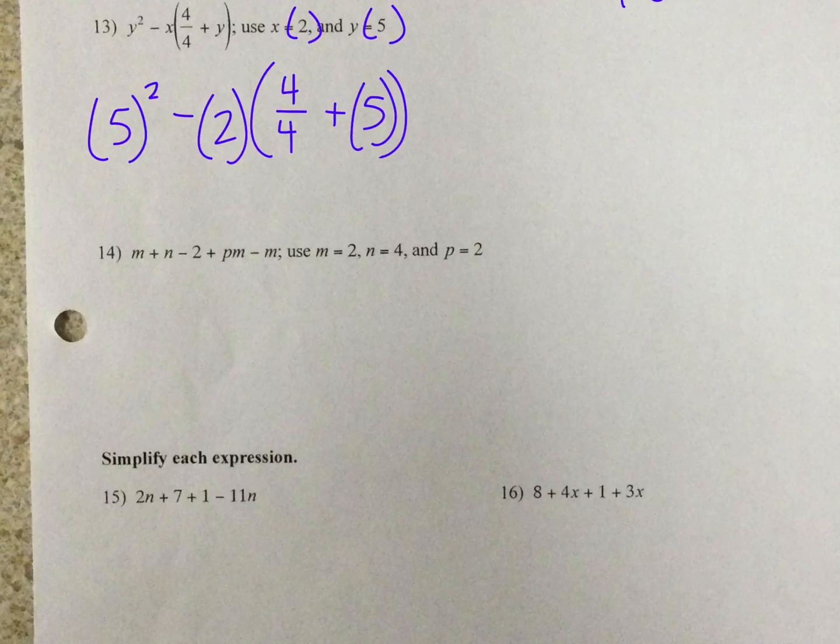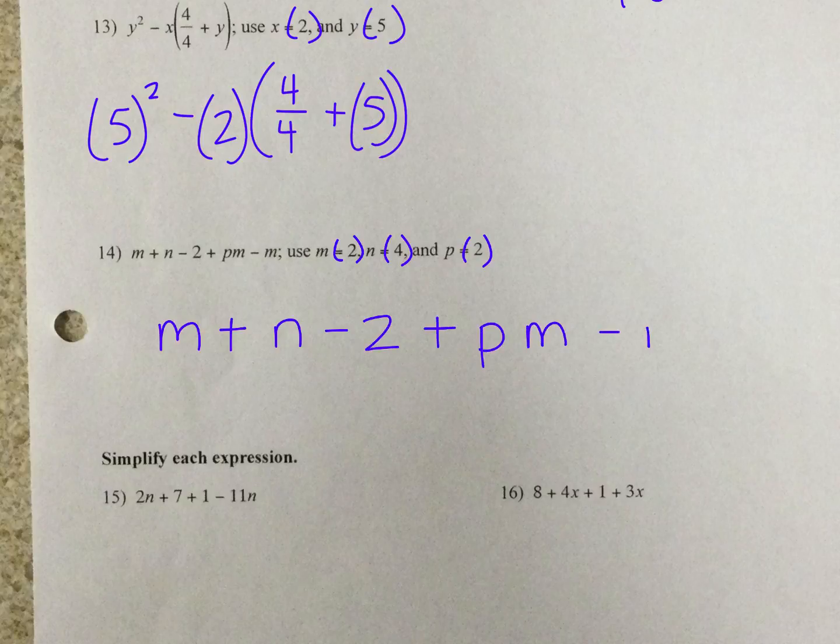All right, let's look at this one. I'm going to start by getting my parentheses in place. M plus N minus 2 plus P M minus M. So I got an M here. I'm going to make that a parenthesis 2. I'm going to go over here to this M and make it a parenthesis 2.